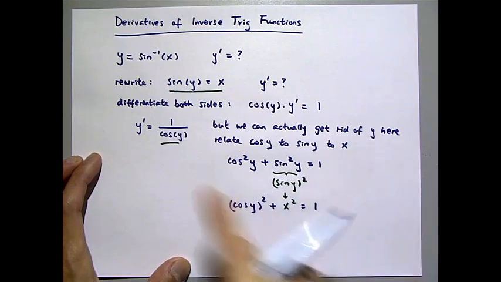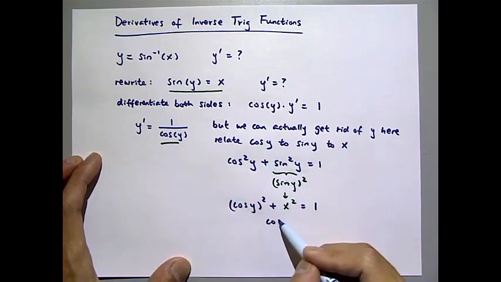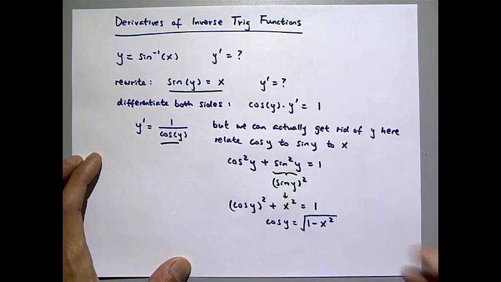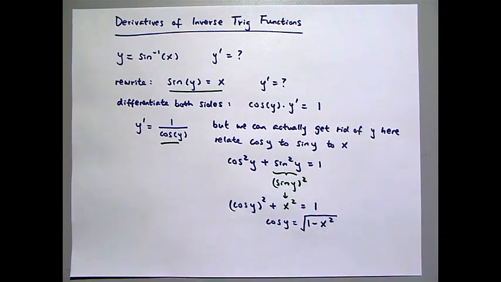I don't want cosine of y in here, so that's easy. I subtract x squared from both sides and I take the square root.